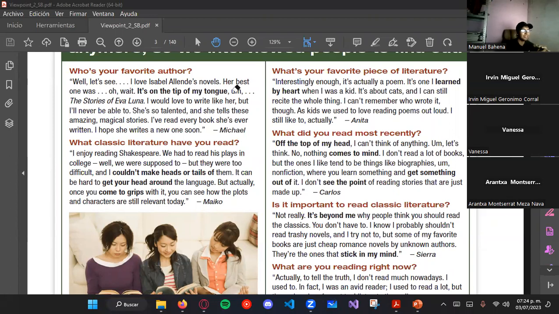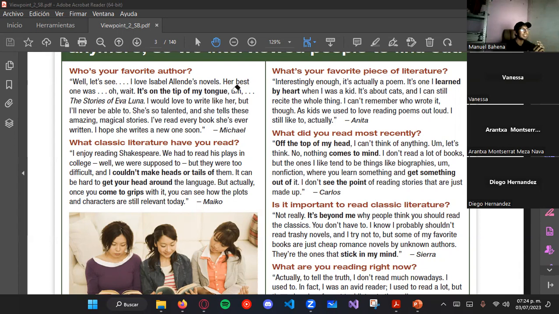But actually, pero de hecho, once you come to grips with it, puede ser como que una vez que lo entiendes o algo así. Yes, exactly, just like that.